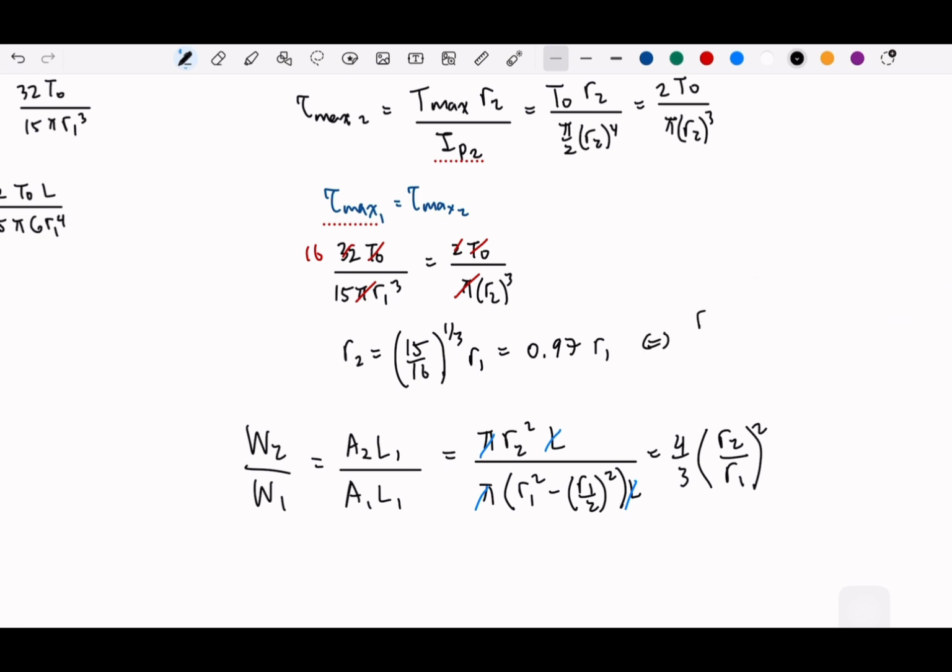The R2 over R1 is 0.97, so we can substitute that and get 1.277.